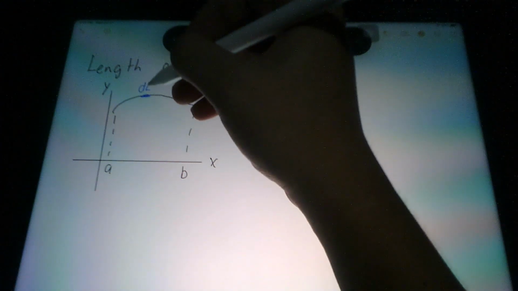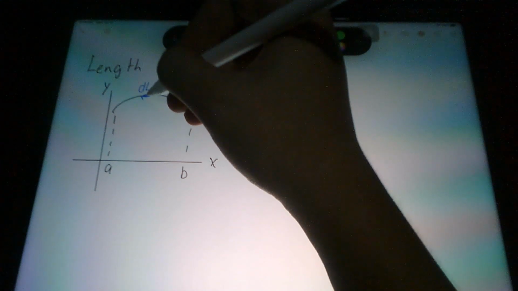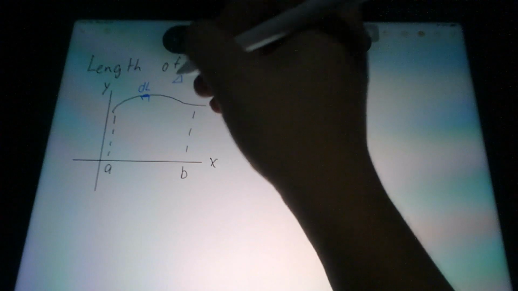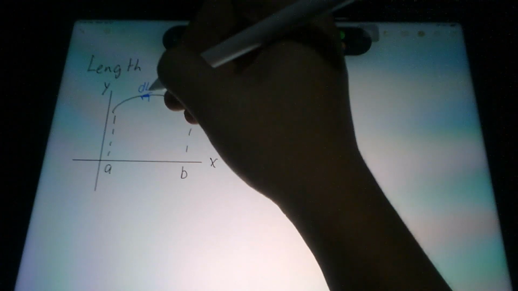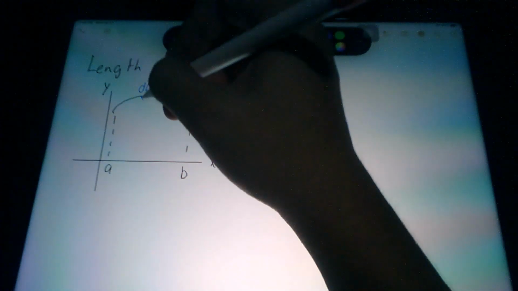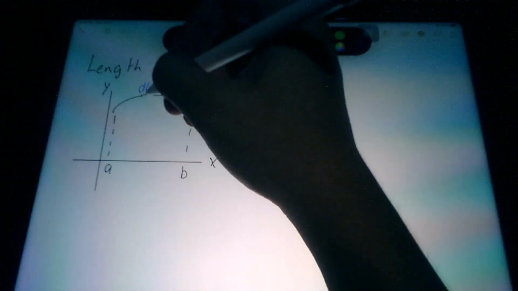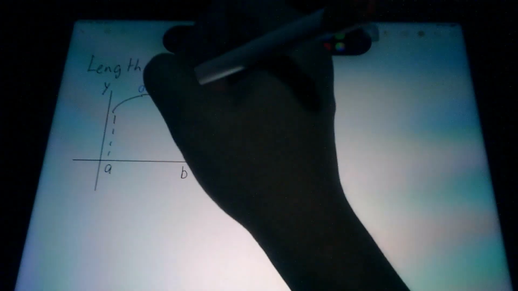Now we have to make a Pythagorean or triangle here. Let's erase this first. So this is bounded here.